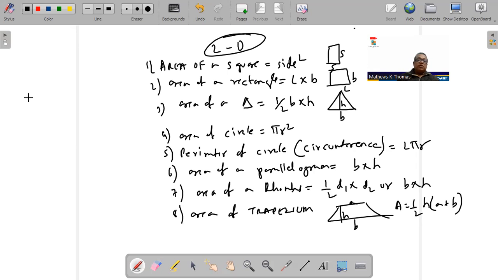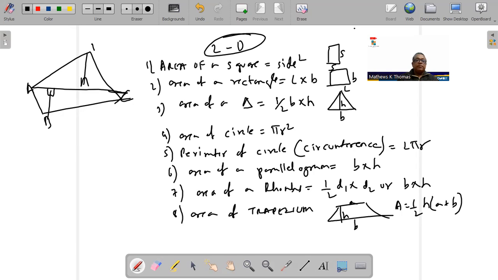We also have a formula area of quadrilateral. So if you have a general quadrilateral in which the diagonal is given and the offsets are given, these are called offsets. Actually, these are two triangles. I can find the area of the two triangles and add, or I can use a formula.